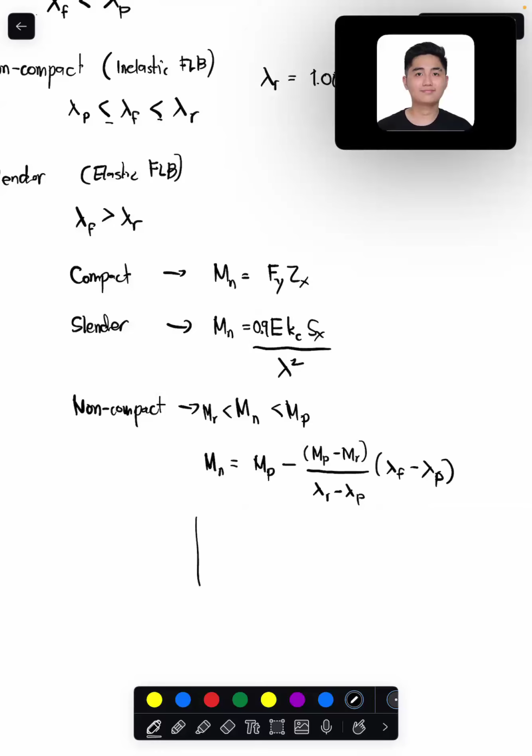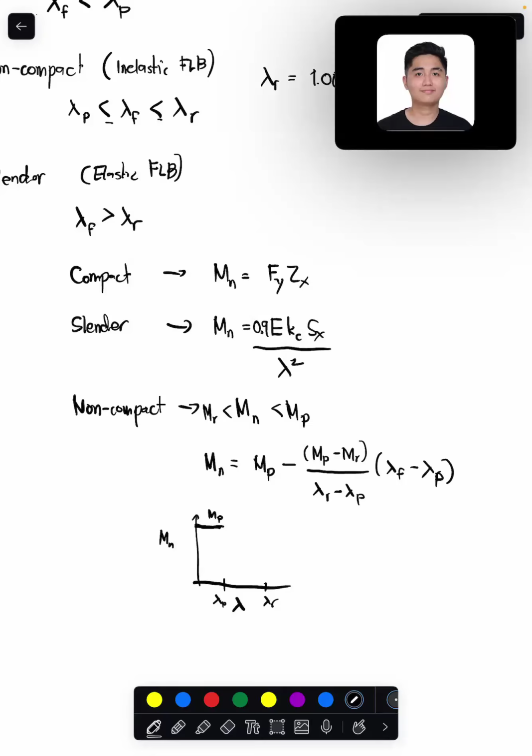So if we were to track, halimbawa, yung lambda right here, tapos ikukumpara natin siya with MN. So kung compact yung cross-section, so halimbawa this is lambda P, tapos halimbawa this is lambda R, yung behavior niya is ceiling lang siya. Ito yung MP natin.